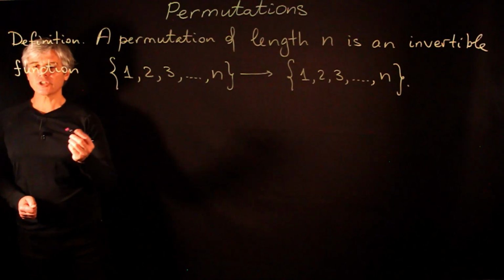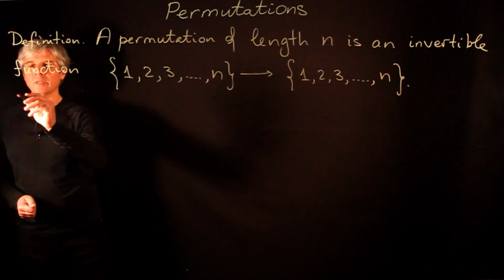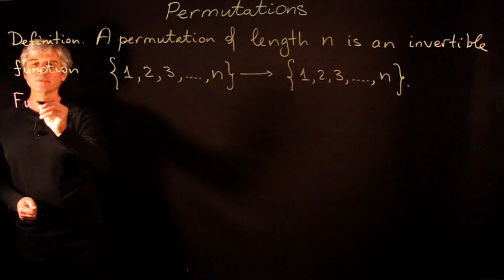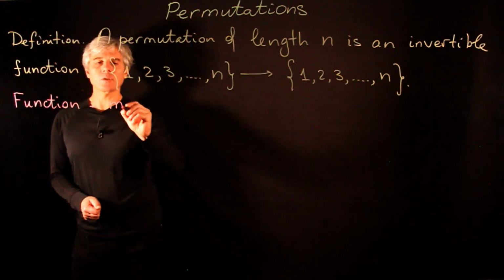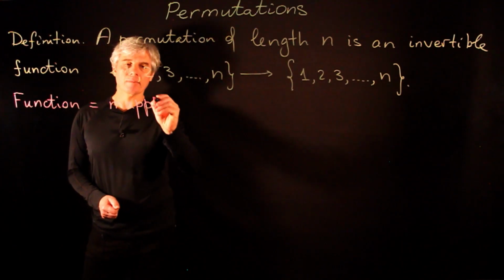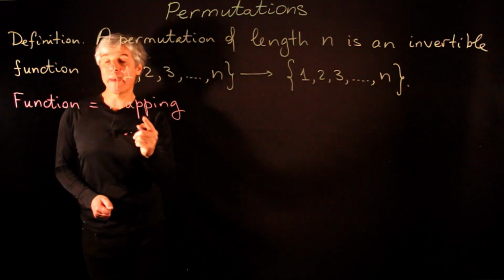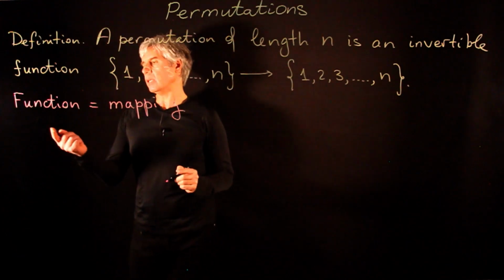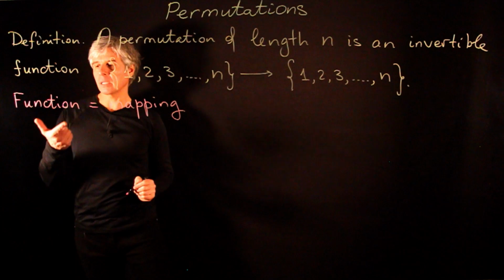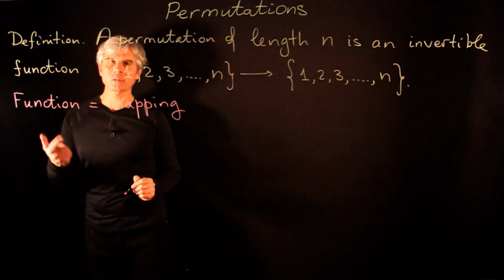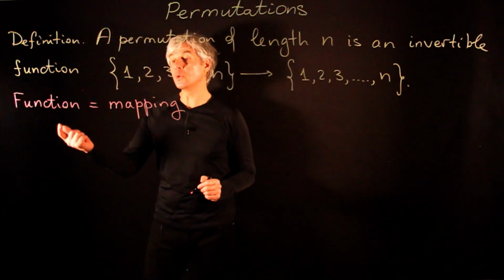Let us mention a piece of terminology. Instead of saying a function, we will sometimes use the word mapping or just the word map. Traditionally, functions are used in analytic context, so when we want to discuss continuity.